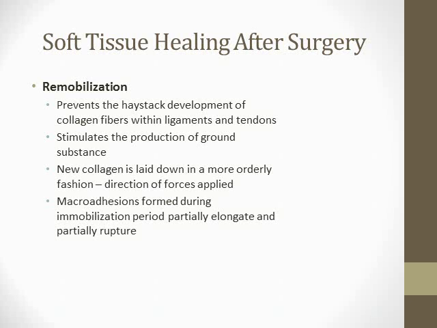So this idea of haystacking, the idea is that we want to do away with this sort of intertwining of the fibers. And through remobilization, we can also produce or stimulate the production of ground substance. We come to the idea of this orderly laying down of the collagen in the directions the forces are applied.